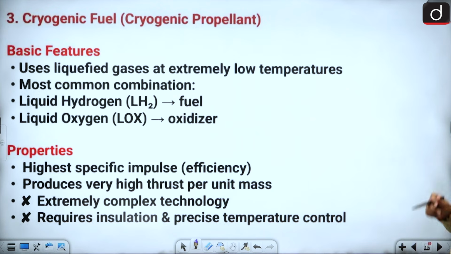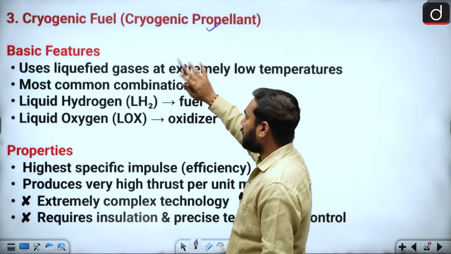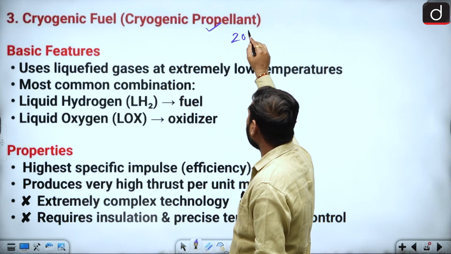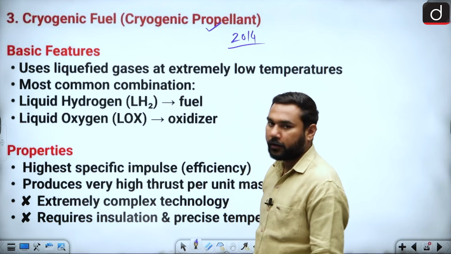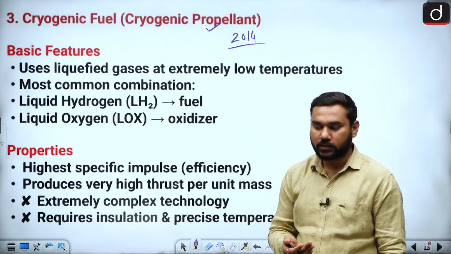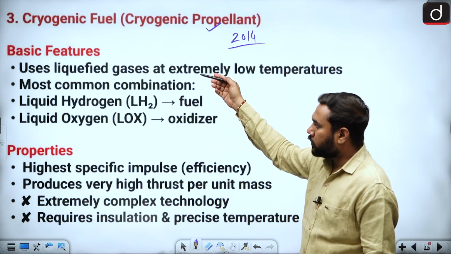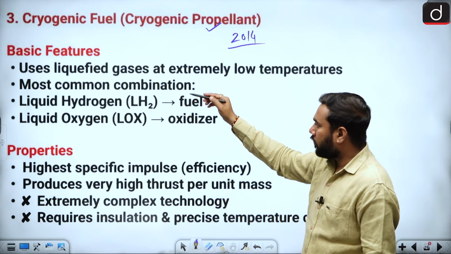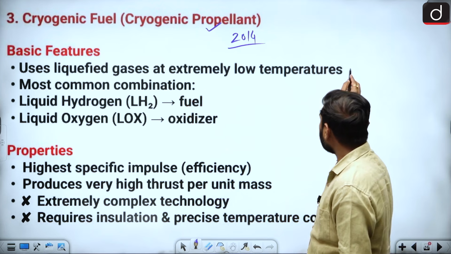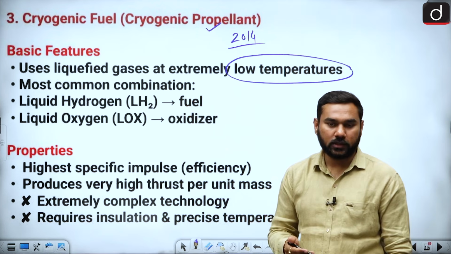Next one, when we talk about the cryogenic fuel, this is a very secret technology. India got it in 2014, you know that. The first cryogenic engine made on an Indian basis was in 2014. And what are the basic features? It uses liquefied gases at extremely low temperature, because the word cryo means extremely low temperature.